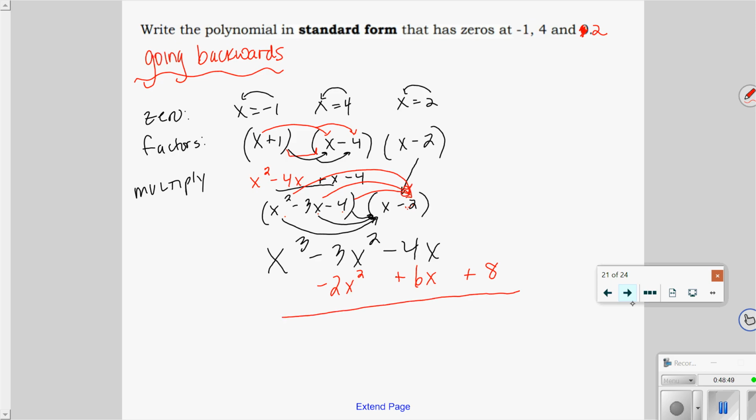So I already have them paired up, so I can just add down. And this is the original polynomial that would be the problem. So you're given the zeros and you're getting the polynomial. A lot less work.